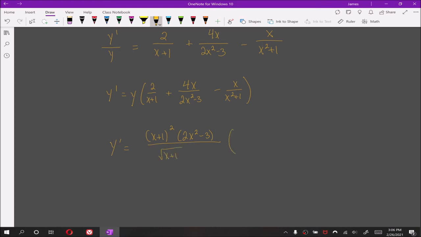And then that is times 2 over (x plus 1) plus 4x over (2x squared minus 3) minus x over (x squared plus 1). In this case, logarithmic differentiation was not necessary. It is necessary in certain cases, so this is an important method to keep in mind.